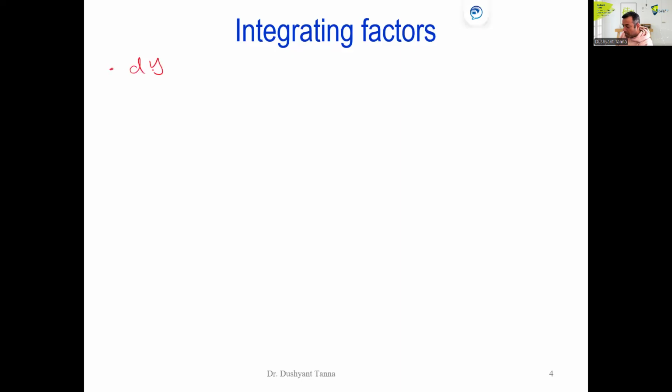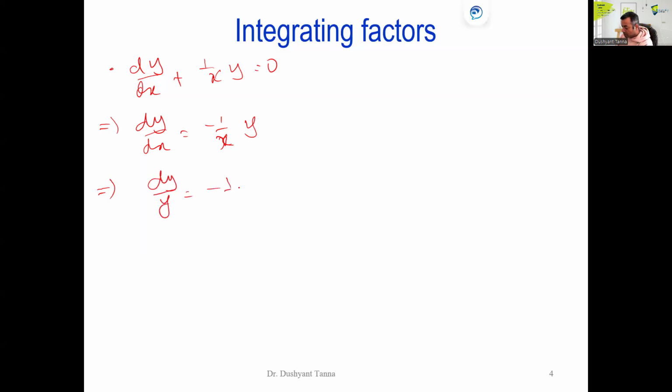So what we got, dy by dx plus 1 on x, y is equal to 0. You might even feel like this is easier than the other, but it's practicing. Sometimes the other one is a lot better. So dy over y is equal to minus 1 on x dx, integrating. I keep the constant outside. ln y is equal to minus ln x plus ln c.